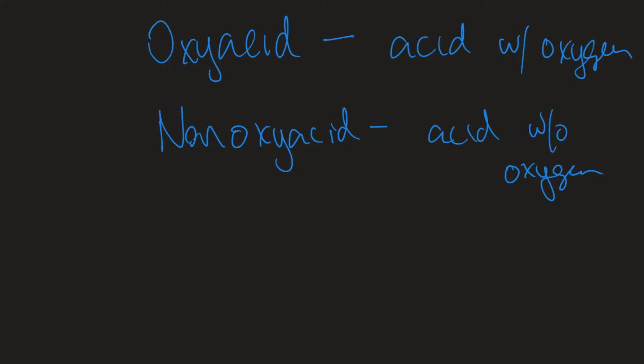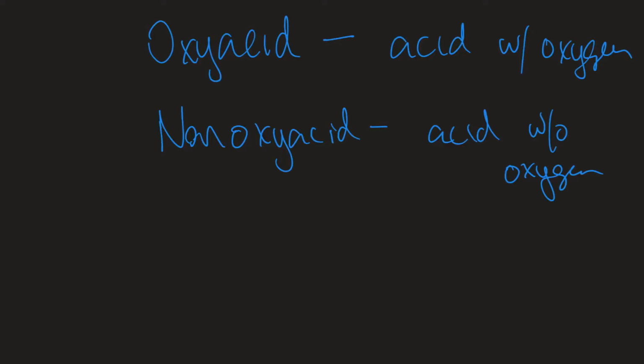And that's just the big naming scheme when it comes to naming acids. The first ones I'm going to talk about are the non-oxyacids. They're simpler to name, and then we'll get to the oxyacids portion.